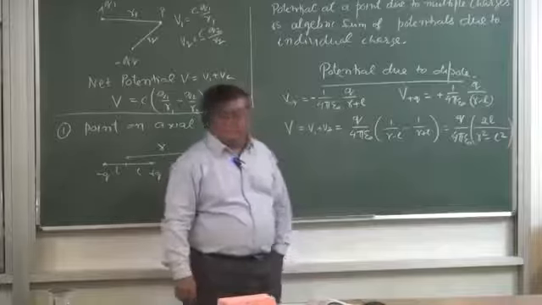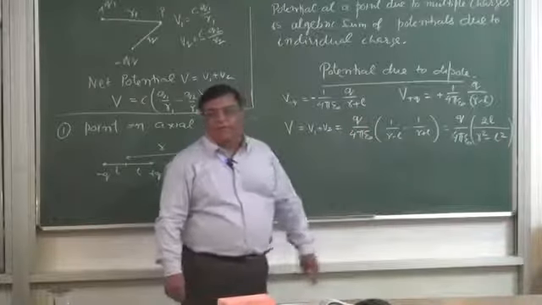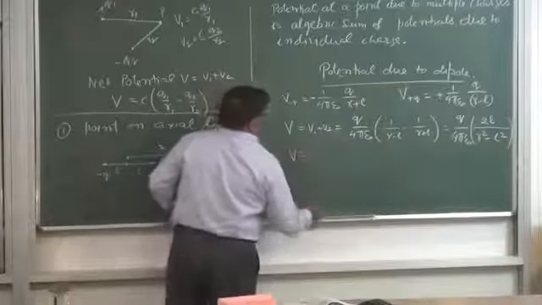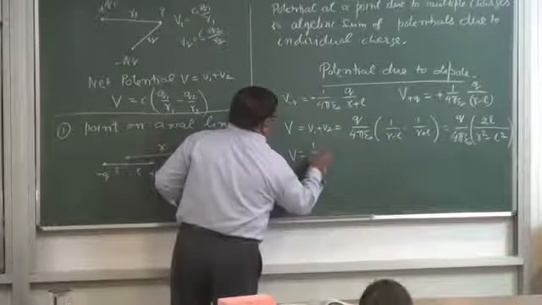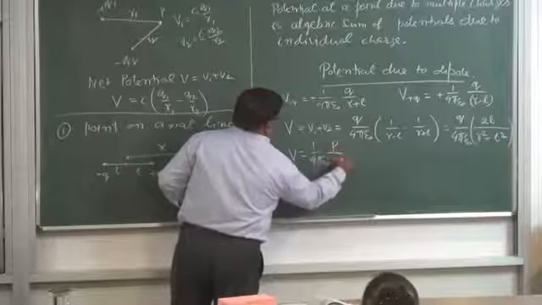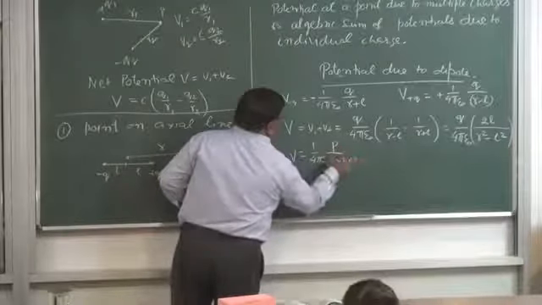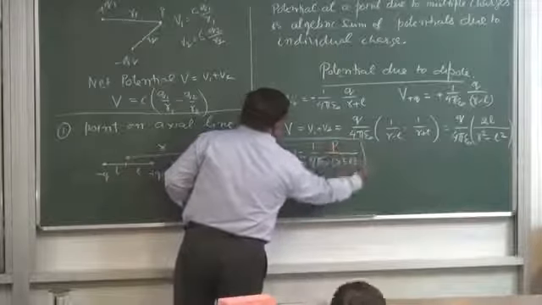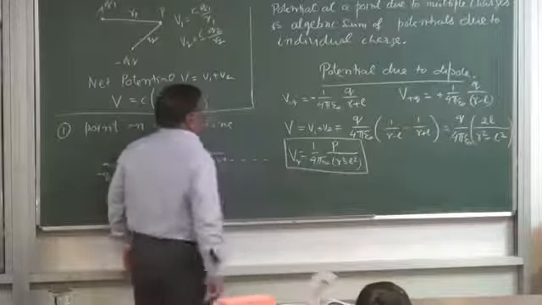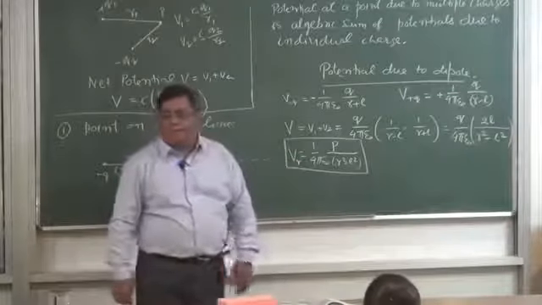Clear? Now Q into 2L is what? P. So we can write it as 1 upon 4 pi epsilon naught P upon r square minus L square. This is our formula for potential at distance r from a dipole.